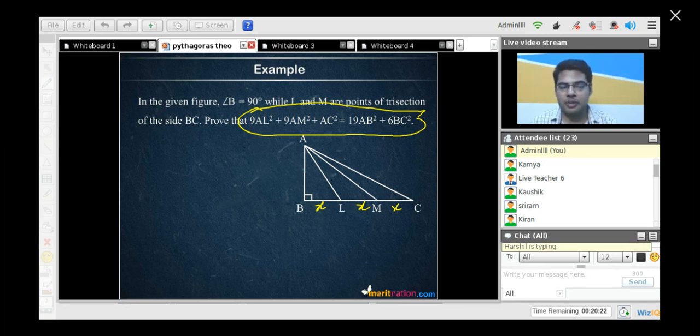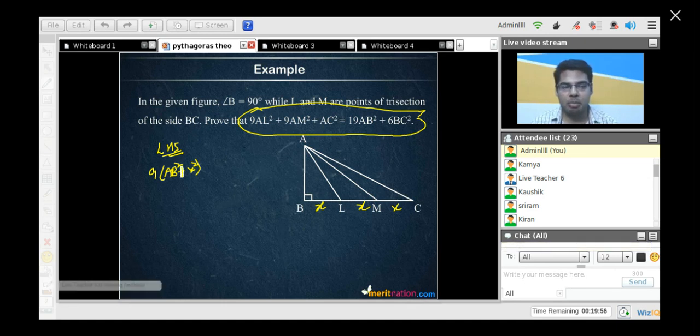Try to first of all look up at the left hand side. Right? Take the left hand side. 9AL square. What is AL square? Yes, friends. Is it not equal to AB square minus X square? Yes? Fine. Is it correct? So now just try to see, yes, it will be plus, absolutely.